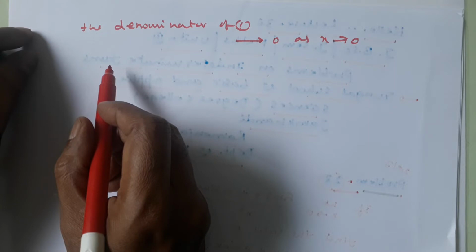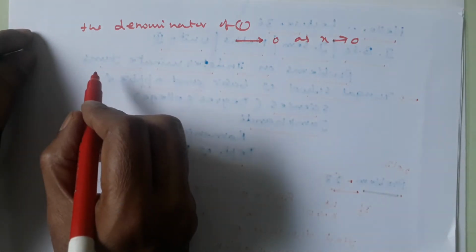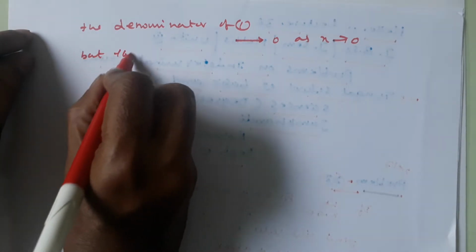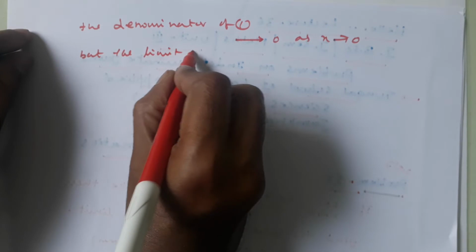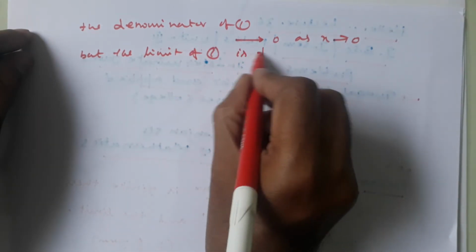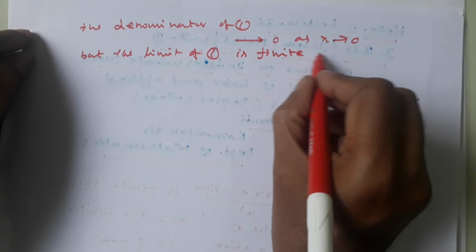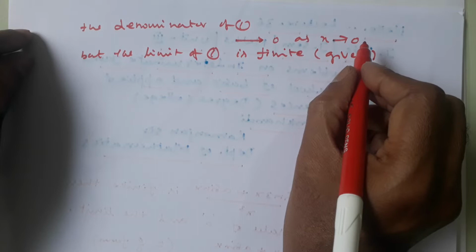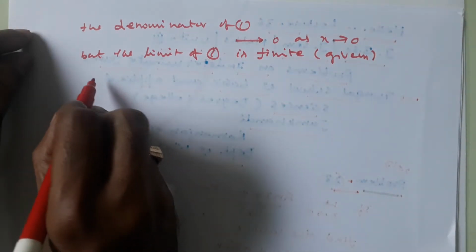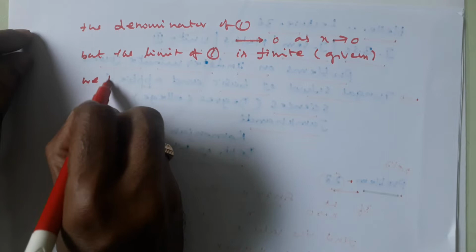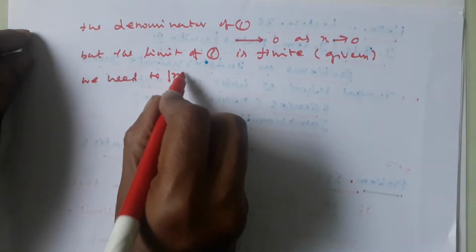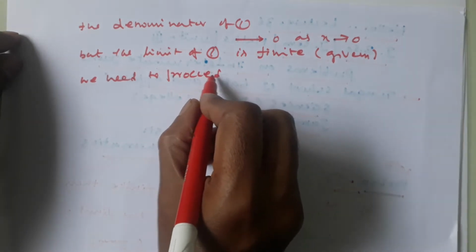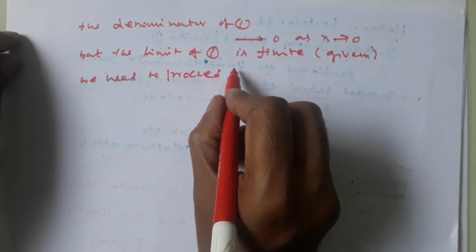But the limit value given in the problem is finite, so the numerator also must tend to 0. Only then we need to proceed further.